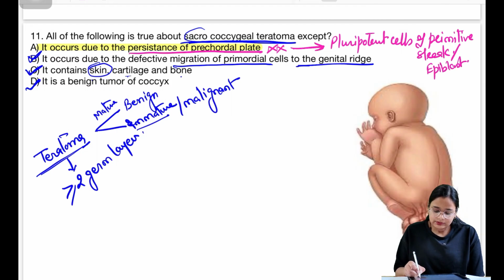That's why this is the incorrect answer. In this question, where they are asking which of the following is true about sacrococcygeal teratoma except, we have to find the incorrect statement, and the incorrect statement is persistence of the precaudal plate.